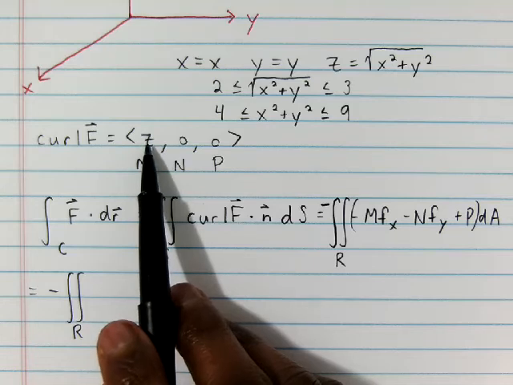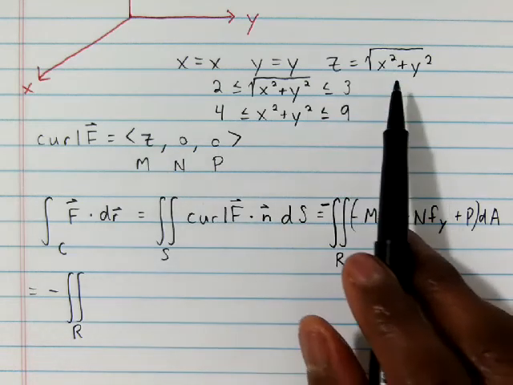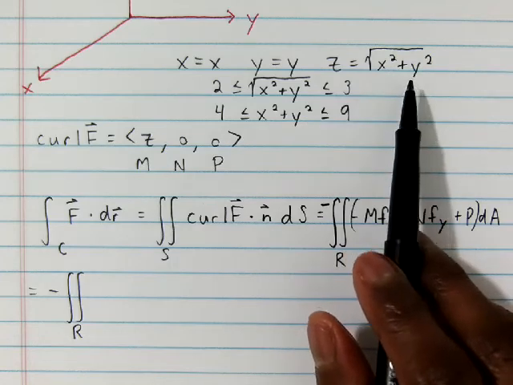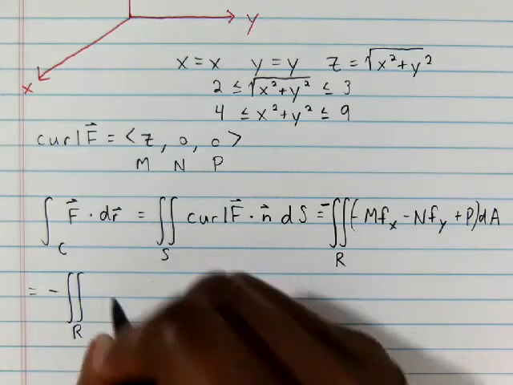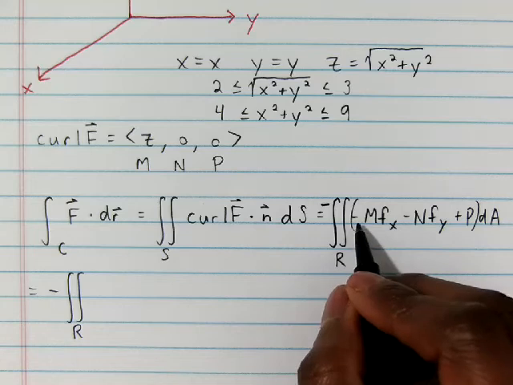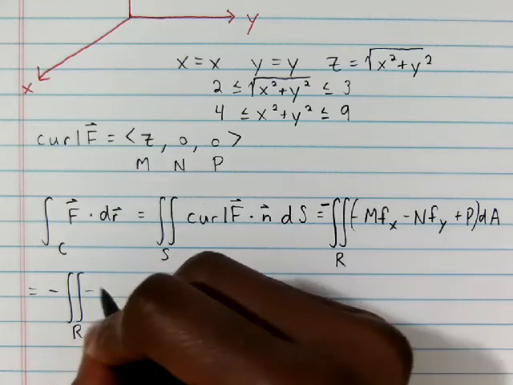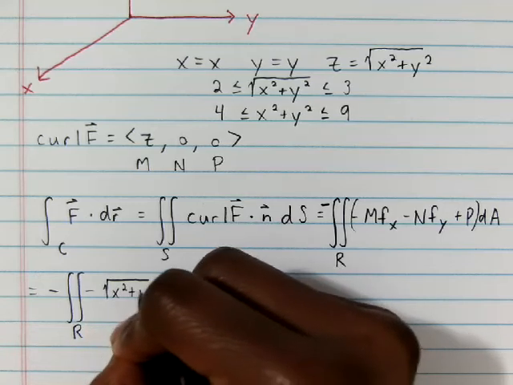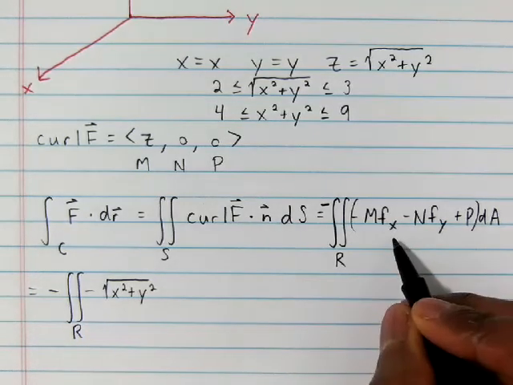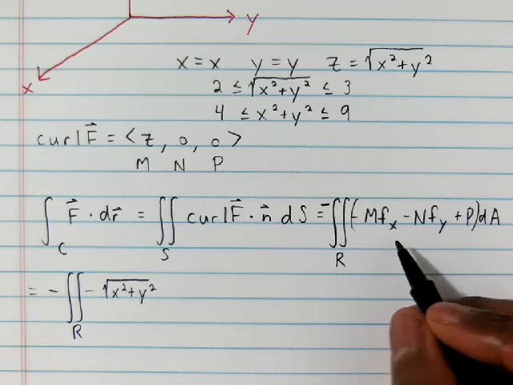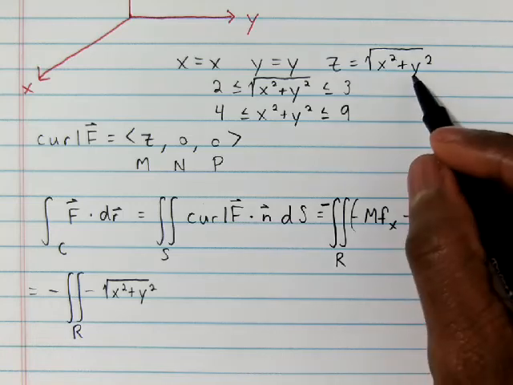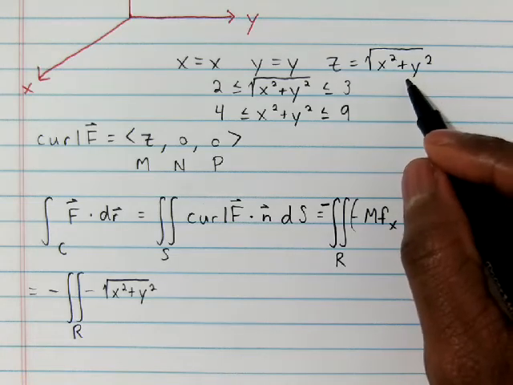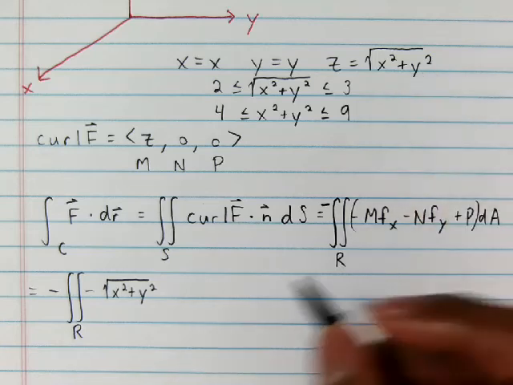So our m really ends up being the square root of x squared plus y squared. So we get negative square root of x squared plus y squared times the partial of f with respect to x, and the partial of this with respect to x is just going to be x over the square root of x squared plus y squared.